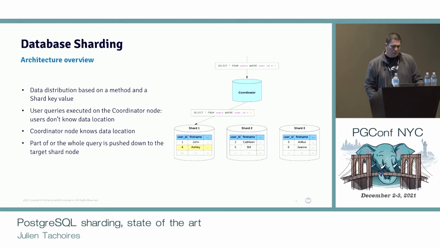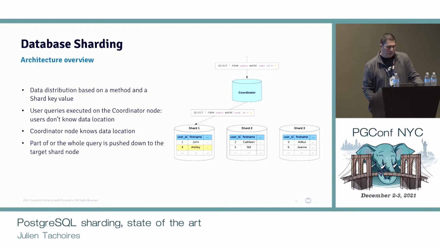For example, on the diagram presented here, the sharding key has been defined as user ID, and this way the coordinator node knows, for example, that the user ID 4 is located on shard 1, and it doesn't have to scan the other shards to find it.